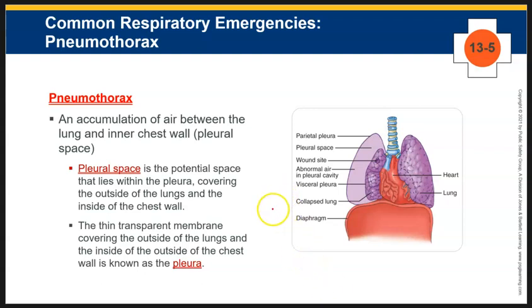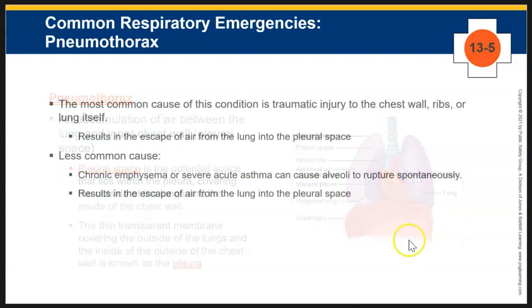One of our final respiratory emergencies is a pneumothorax, in which we get accumulation of air between the lung and the sac in which it resides, which is the pleura. That pleural space is outside the lungs but inside the chest wall. And so if we introduce air into that space, what the result can be is a collapsing of the lungs. We introduce air in between this key organ and the sac in which it resides.